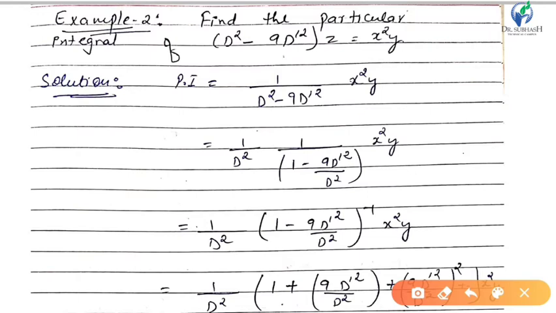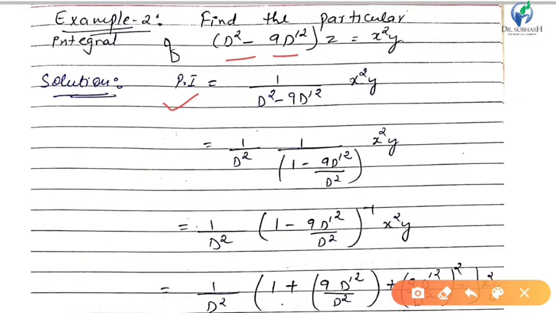Find the particular integral of D square minus 9D dash square z equal to x square y. Now I have to just find the particular integral, so there is no need to find CF. So for the particular integral we write 1 upon D square minus 9D dash square, x square y.